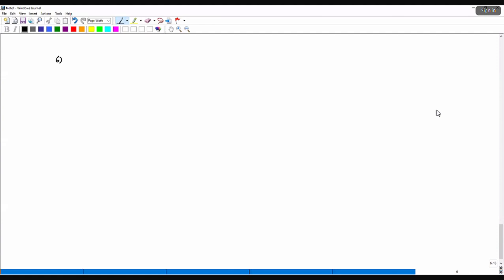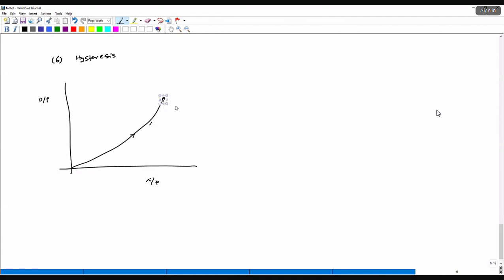Then there is something called hysteresis. Hysteresis is like, let's say you are increasing the input and your output is changing. Let's say something like that, right? And then you reach the maximum input condition, and then you try to reduce. So ideally you expect that, okay, it will walk the same path backward, but many times it doesn't follow exactly the same path, right?